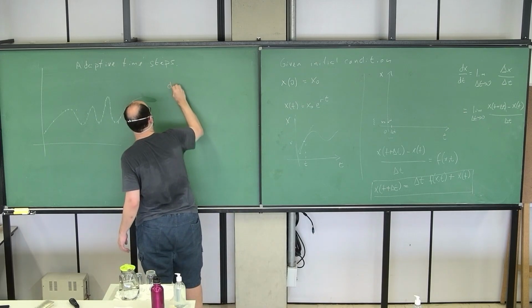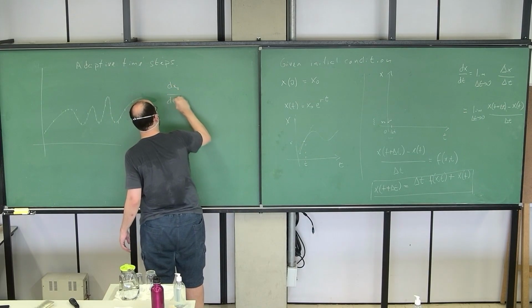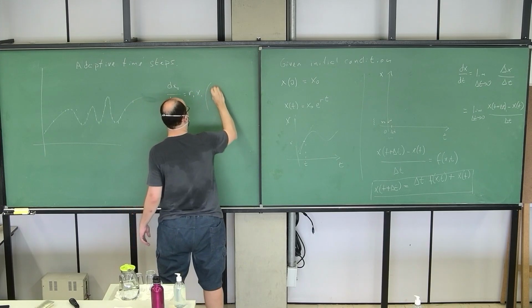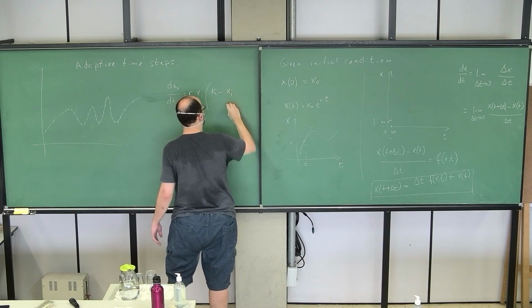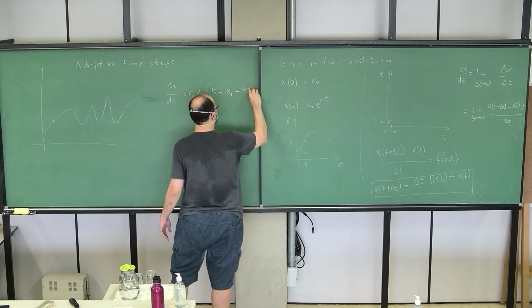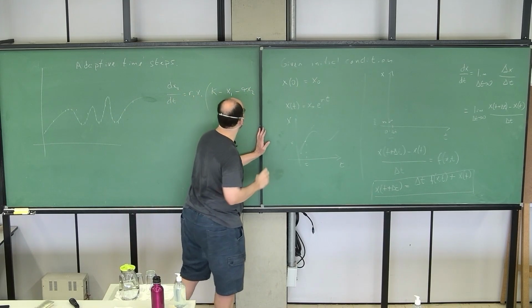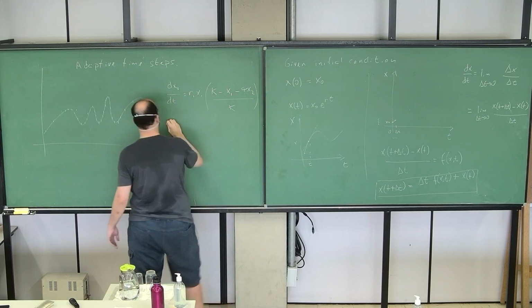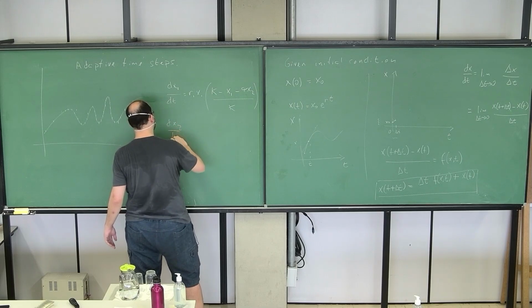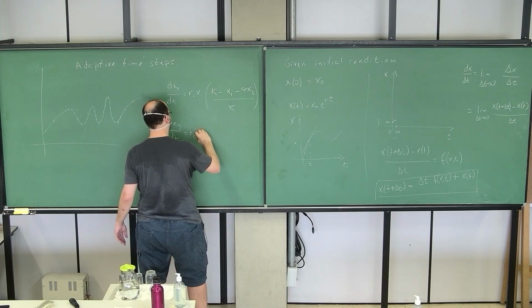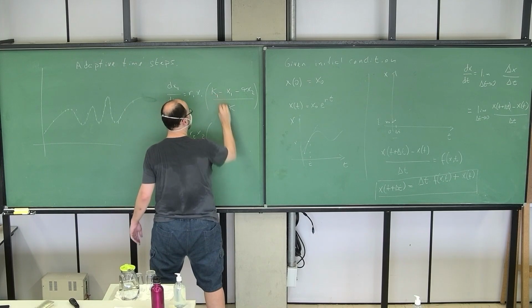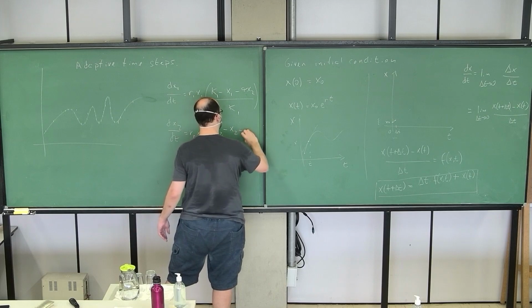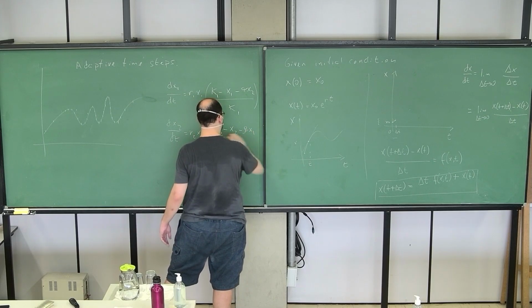So if I have dx1/dt equals r1 x1 (K minus x1 minus alpha x2) over K, and dx2/dt is r2 x2 (K2 minus x2 minus beta x1) over K2, right?